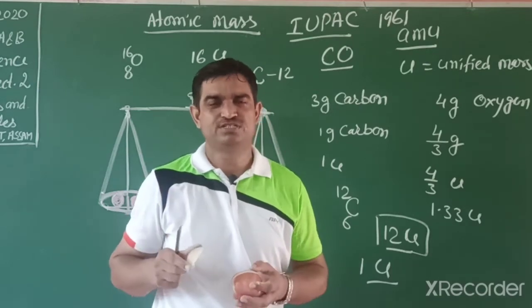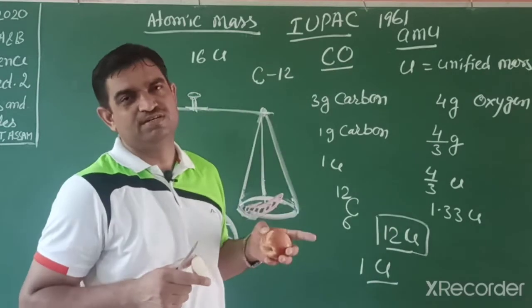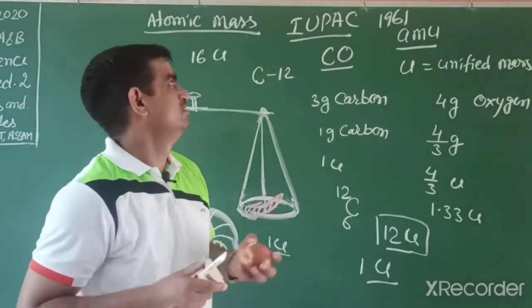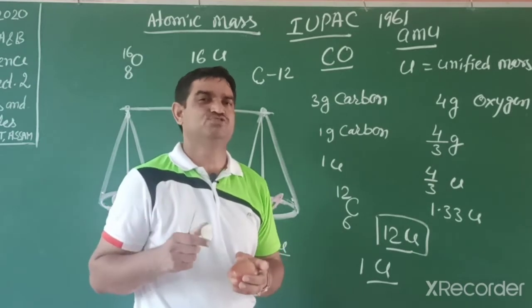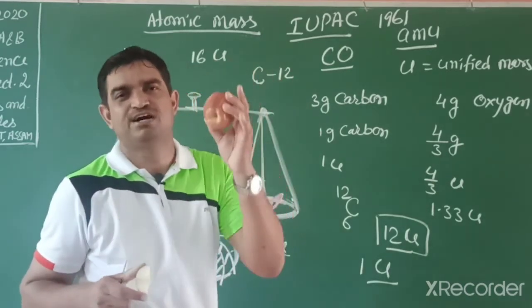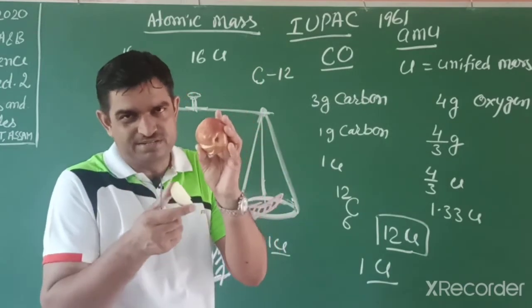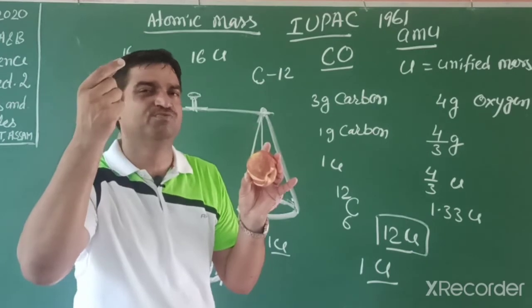So in 1961, IUPAC, the International Union of Pure and Applied Chemistry, decided the carbon-12 isotope is the standard atom. Suppose this one is carbon-12. If we divide this into 12 equal parts, one part is known as 1U.